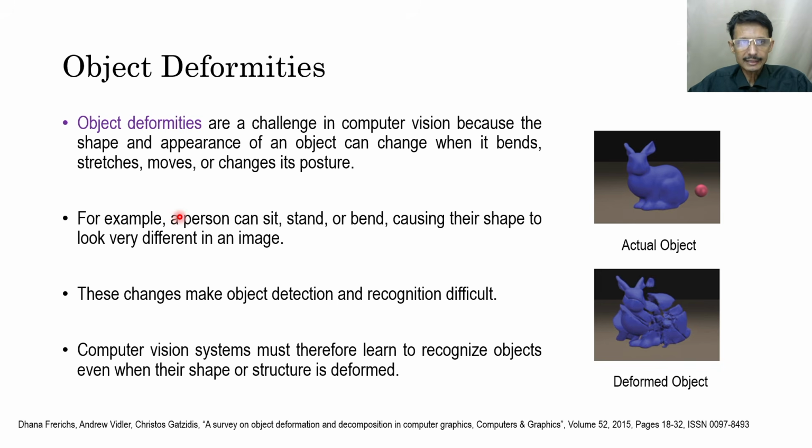Another example: a person can sit, stand or bend, causing their shape to look very different. These changes make object detection and recognition difficult, definitely. So computer vision systems must learn to recognize objects even when their shape and structure are deformed. So this is called object deformation, and our model should be invariant to it.